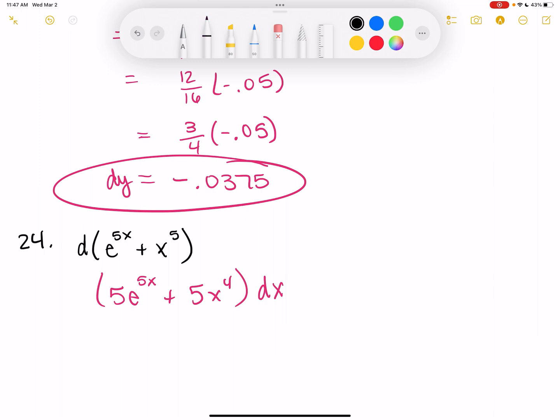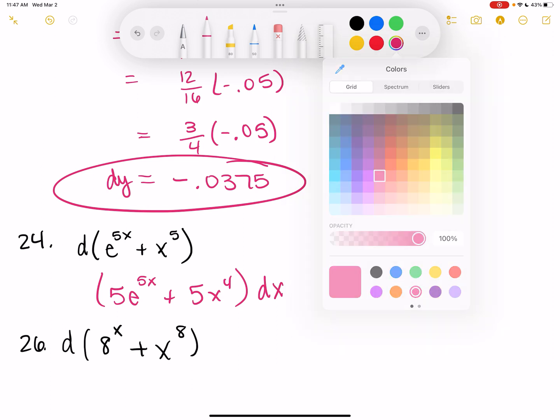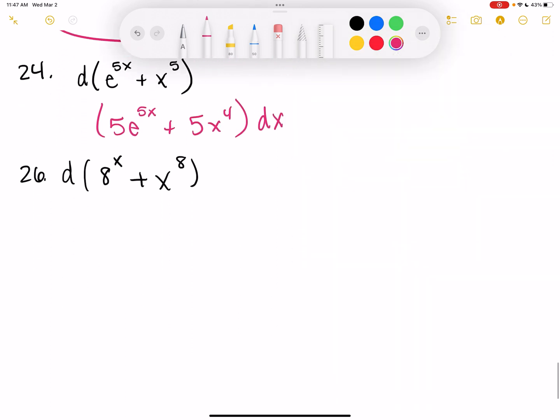All right, one more of these, and then we'll stop for today and save the rest for tomorrow. There's not a ton left, but we wouldn't finish it, so I'd rather hold off. All right, so d of 8 to the x plus x to the 8. This one might require a little bit of thinking from derivatives of logs and exponentials.